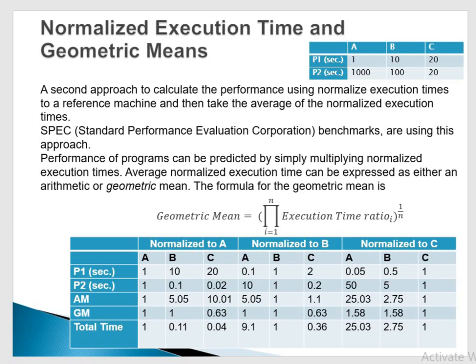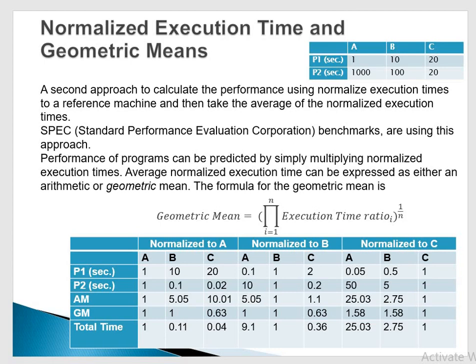So the performance of the programs can be predicted simply by multiplying the normalized execution time. First of all, we will evaluate the normalized execution time of any unknown computer with reference to the execution time of the same program on another computer whose performance is already evaluated and well known, a standard or reference computer.